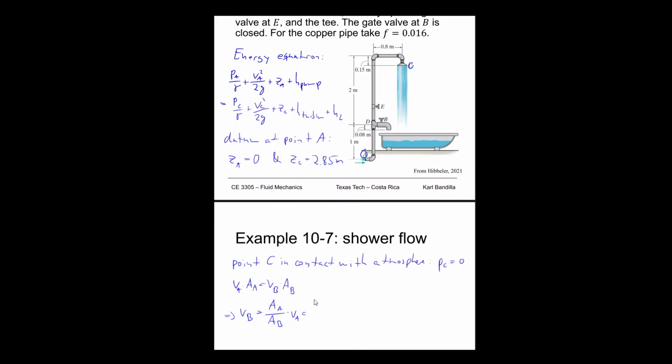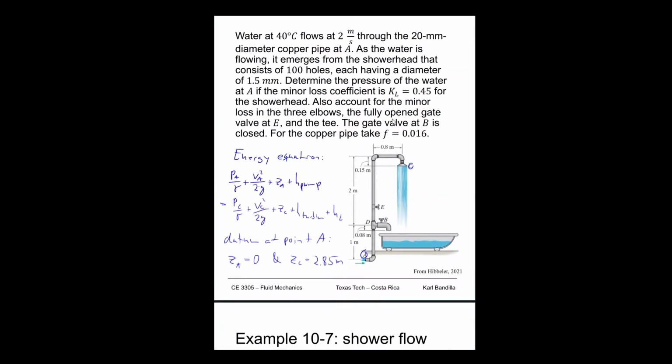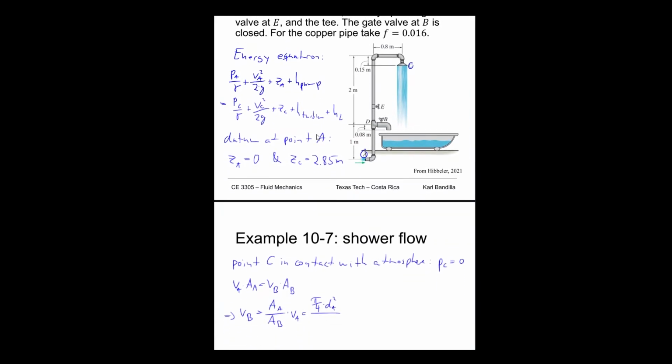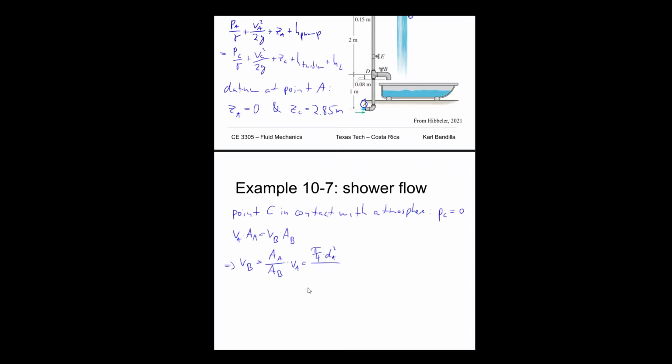So that means our cross section at A is a circle, so pi over 4 times dA squared. Now, in the shower head, it's also circles, but it's 100 circles with 1.5 millimeters. So we can say 100 times pi over 4 times d, let's call it C squared.